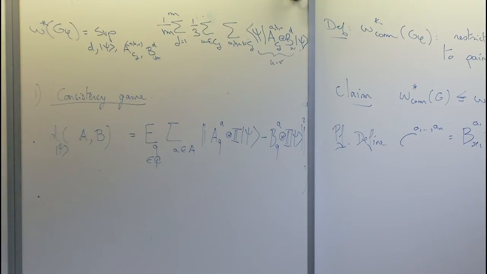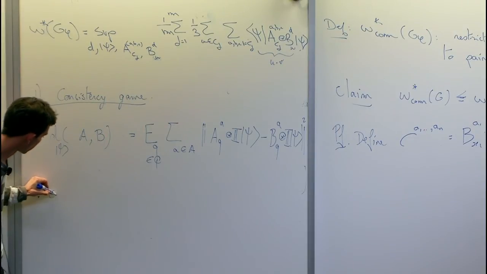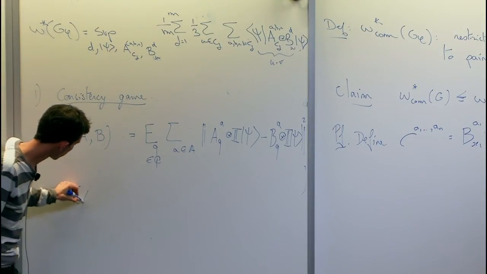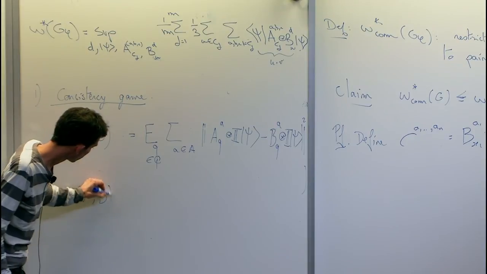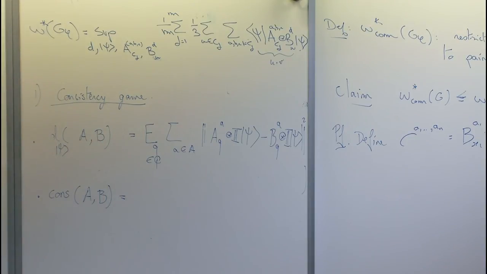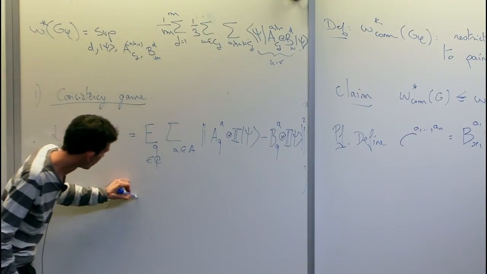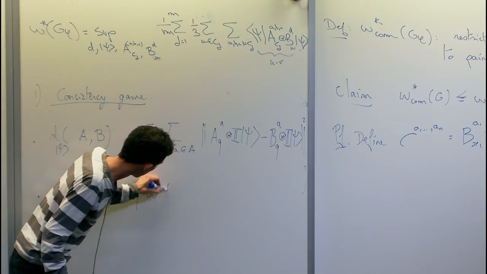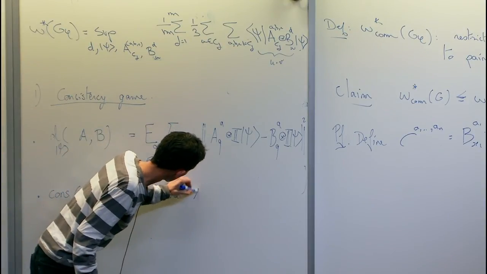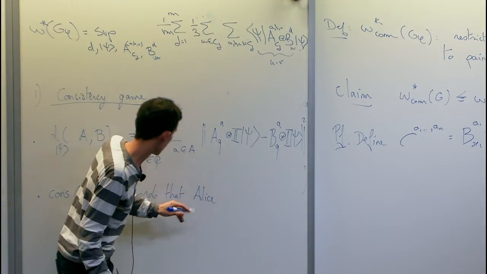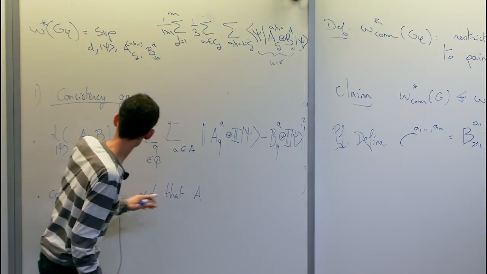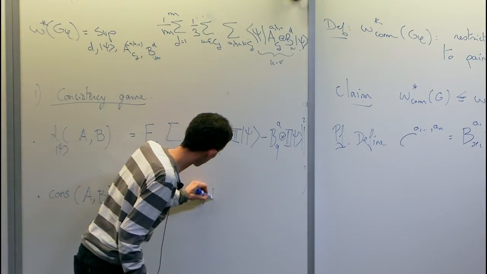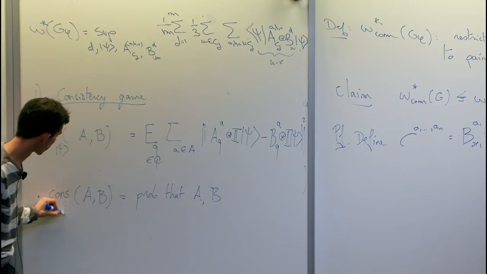And then let's give another definition. This one I'll write. This is the game definition. I'll write consistency between A and B. And this will be simply defined as the probability that, there's no Alice and Bob, so there's A and B, there's these measurements. This also depends on psi.